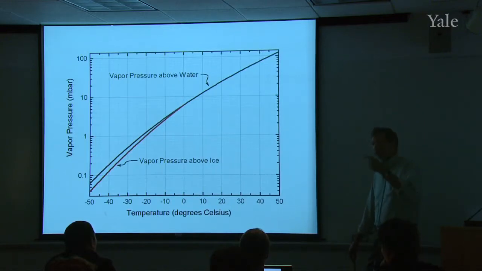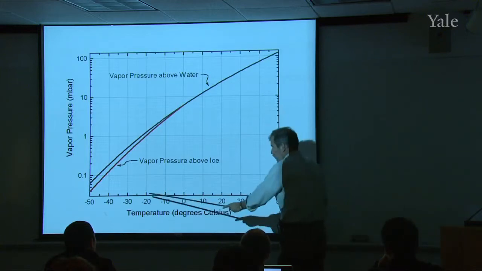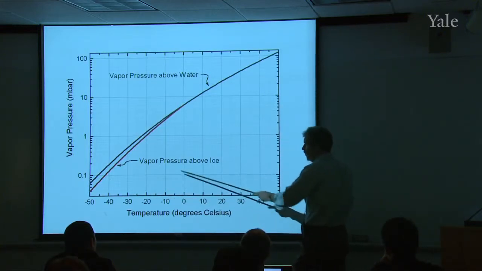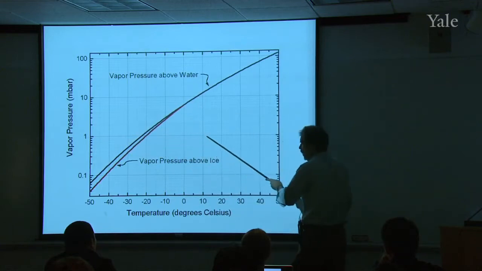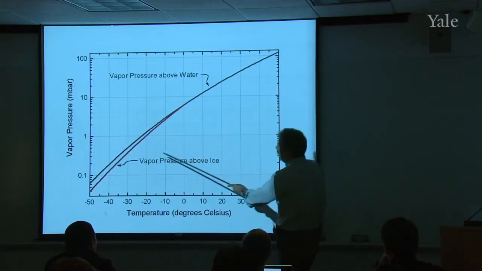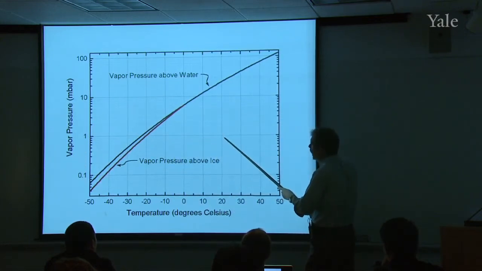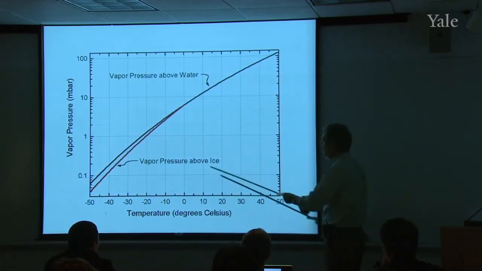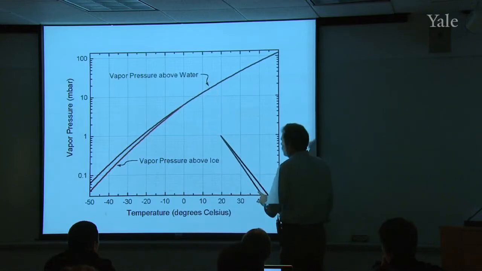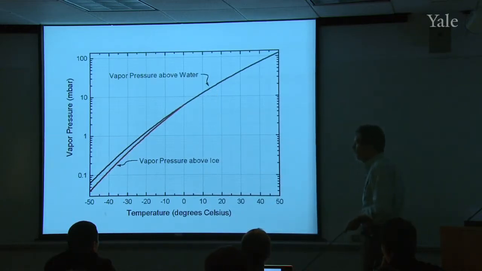before condensation begins. In other words, at a certain temperature, let's say 20 degrees Celsius, if I had a vapor pressure of 1 millibar, that is less than the saturation curve, so nothing's going to condense.